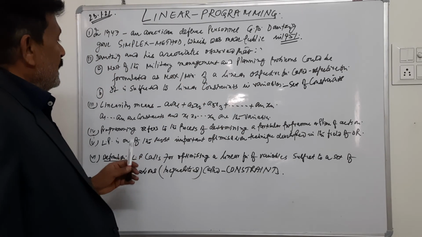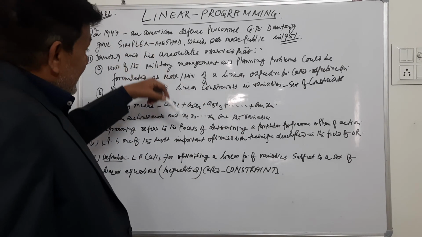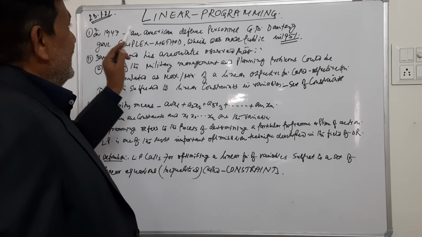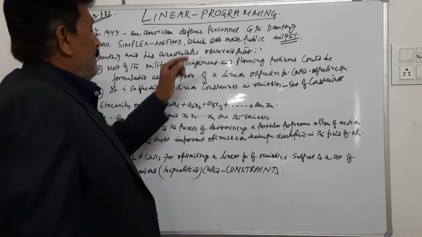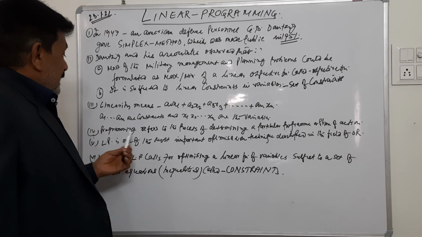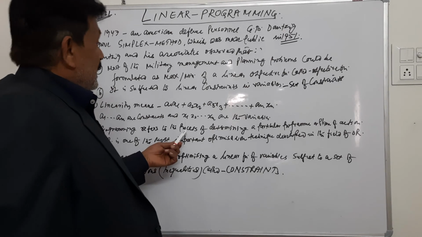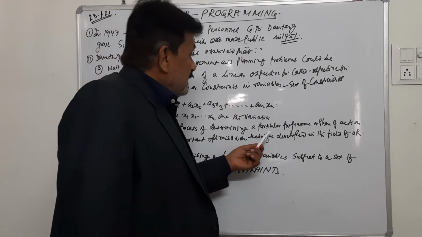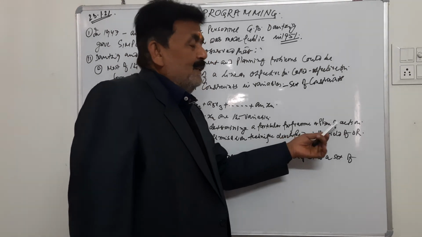So linear means all the relations are linear. That is why it is linear. And what does programming mean? Programming refers to the process of determining a particular program or plan of action.